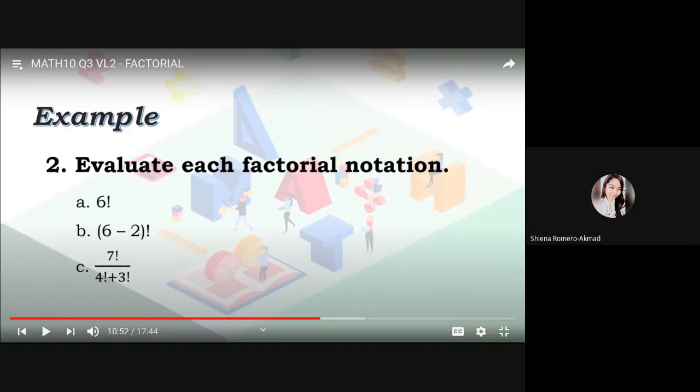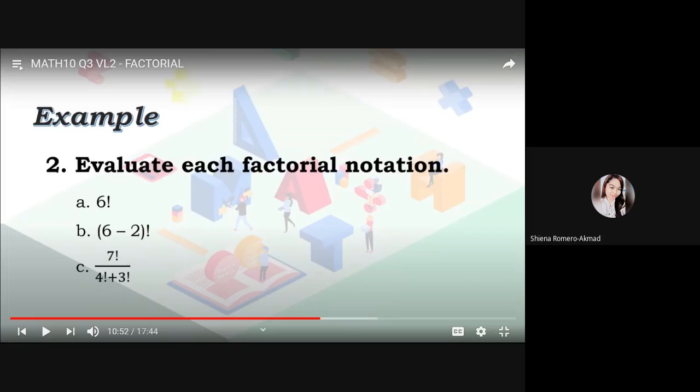So how about for letter C? 216? Why is it 216? 168. 168 ba sagot mo? Bakit 168?